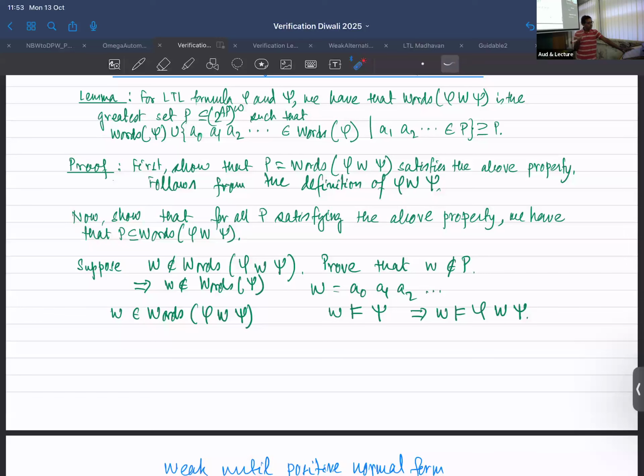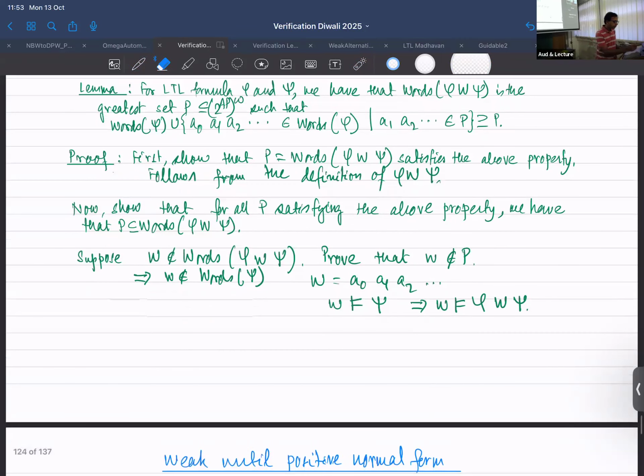If w does not belong to words(phi weak until psi), what else can we say? Then it's not in the second set; replace p by words(phi weak until psi). So then we can say that there exists some k.